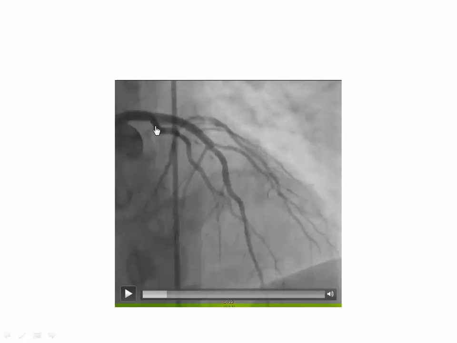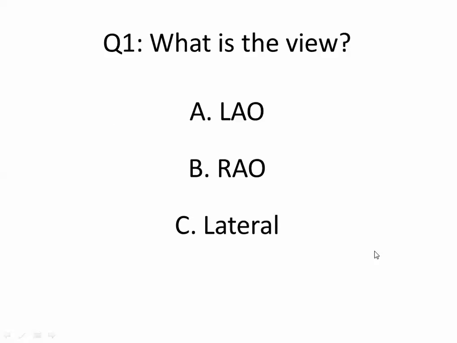When this is caudal, or even RAO alone or AP alone, the LCX will be pulled down, so you can see it straight with the OMs. So this is none of the above. So it is AP, resembling RAO, shallow RAO.